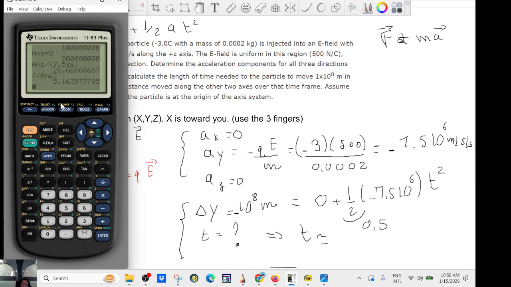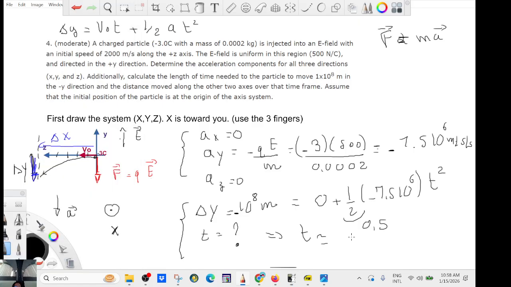Yeah, 5.15 seconds. You see, make sure you have parentheses. If you don't put parentheses, it's going to divide by 7.5 and multiply by 10 to the 6. Okay, so we'll finish next time, but I'm running out of battery.